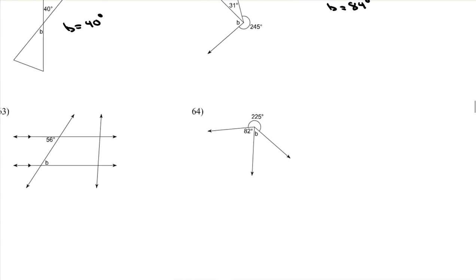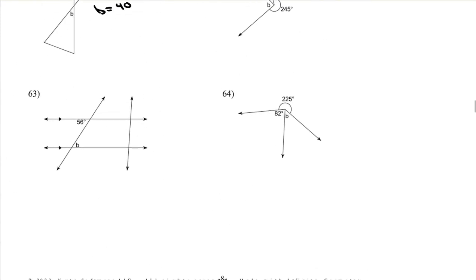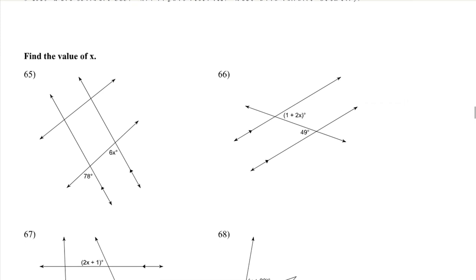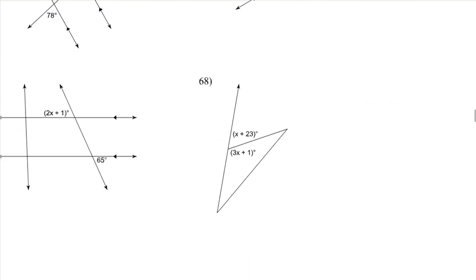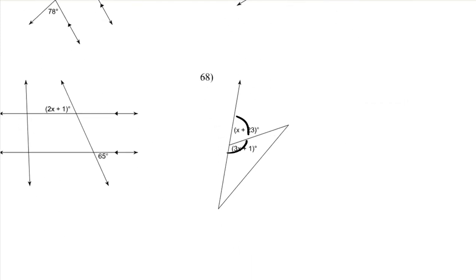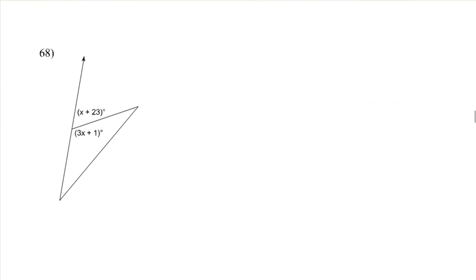Okay, what's another one? I like the vertical angle one. I like the 360 one. And again, this is a nice one, if you can see the vertical pair here. So if I had to do this one here, that would be, let's see, x plus 23 plus 3x plus 1 is equal to 180, because I know it's a linear pair. That's the idea there.